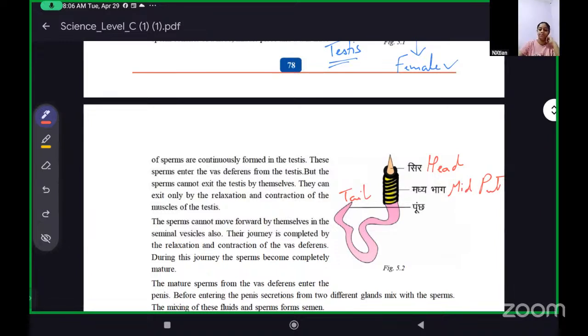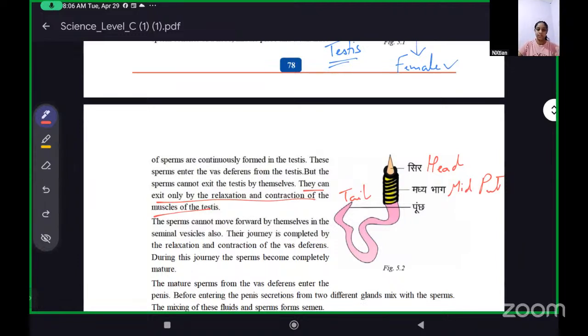Now, what happens once they are formed in the testis? These sperms enter the vas deferens from the testis. But the sperms cannot exit the testis by themselves. They can exit only by the relaxation and contraction of the muscles of the testis, which push the sperms forward.